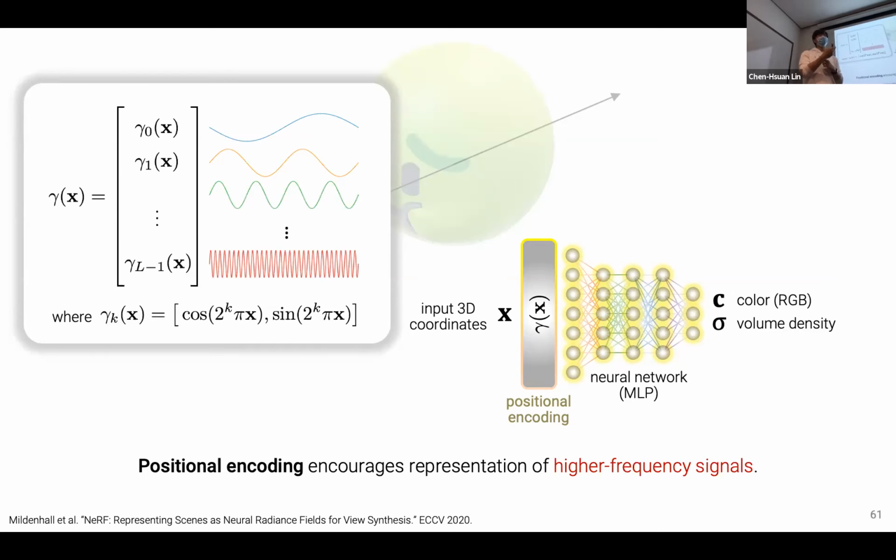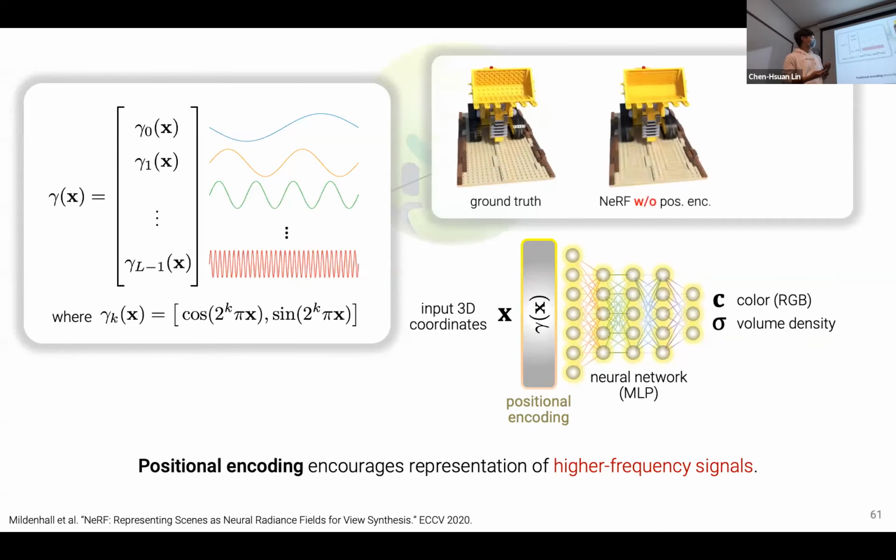You can think of it as a deep Fourier series, in some sense. This is a key recipe of why NeRF can learn these high frequency details in view synthesis. As a toy example, you can see that without positional encoding, this synthesis lacks a lot of details in the Lego sequence. Whereas if we add positional encoding, we can see that a lot of these details can be recovered.